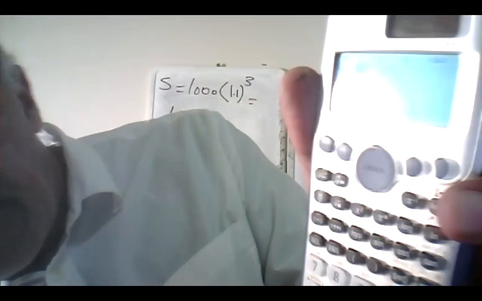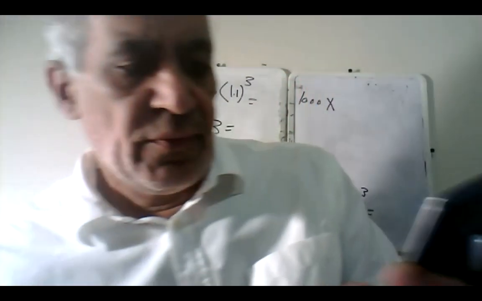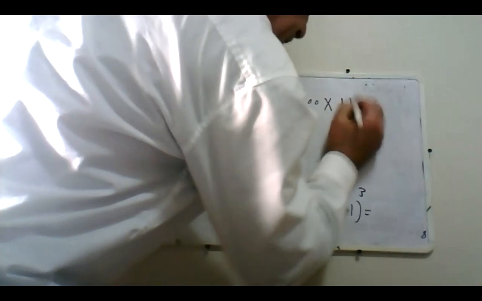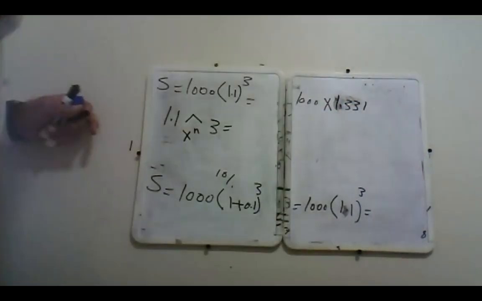Then 3. That equals 1.331. So this 1.1 power 3 is 1.331.